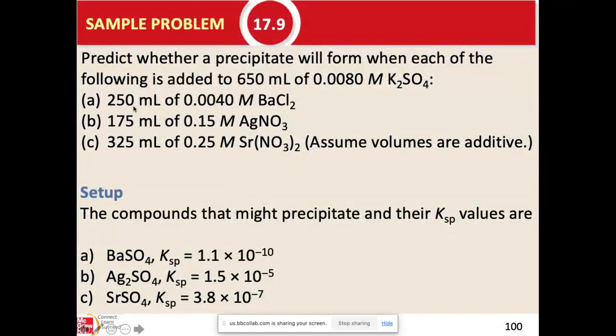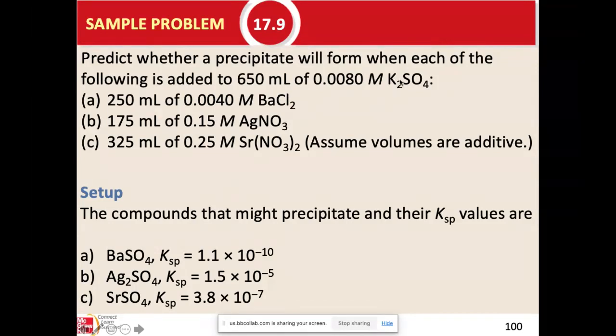So, this is one of the samples. It says predict whether a precipitate will form when each of the following is added to 650 ml of 0.008 molar potassium sulfate. We are adding 250 ml of 0.004 molar barium chloride.